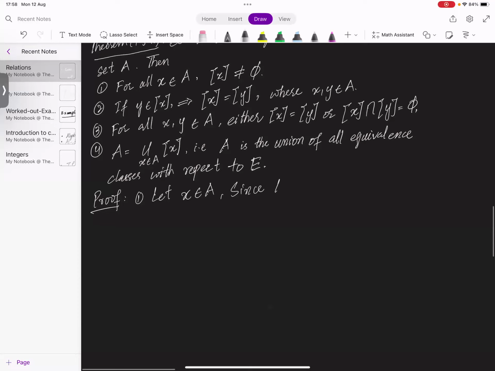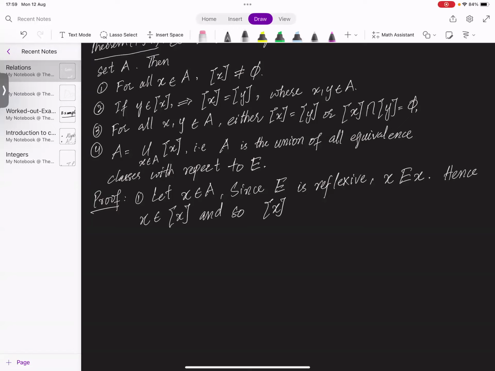Since E is reflexive, x is E related to x. Hence, x is inside its own equivalence class, and so the equivalence class of x is non-empty.